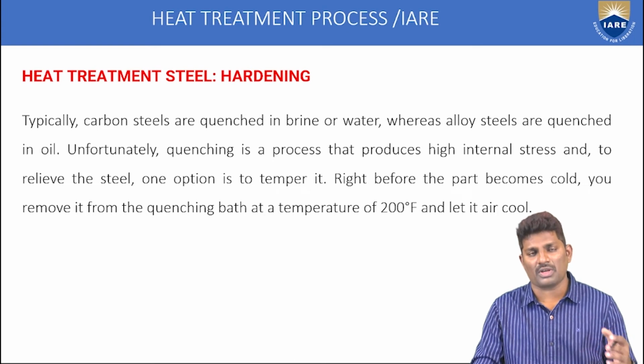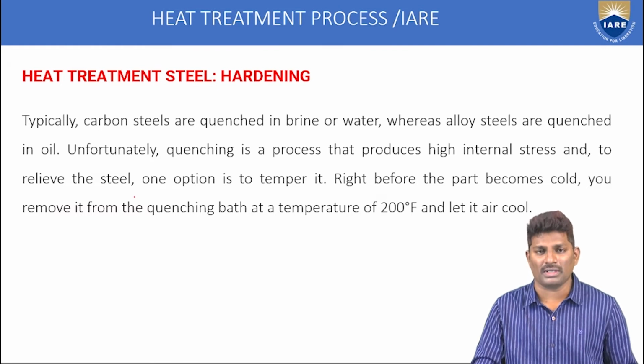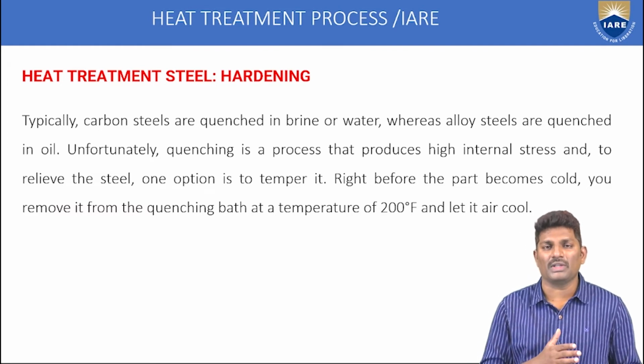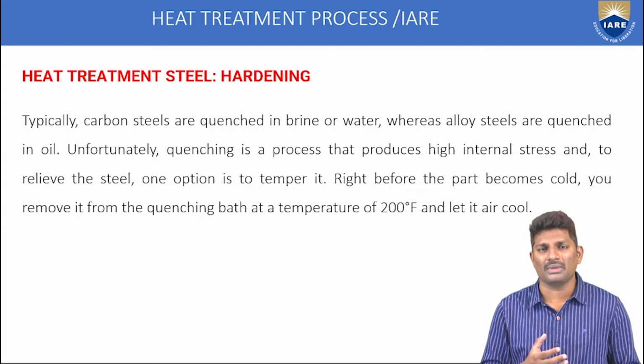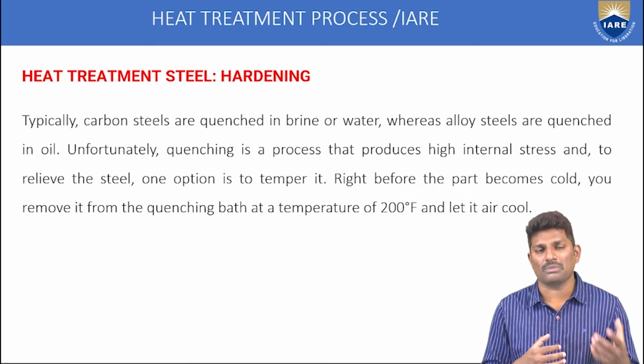Quenching is a process that produces very high internal stresses, and to relieve these stresses, one option is tempering. Though you do the quenching process and cool the system to increase the hardness, during this fast cooling a lot of internal stresses develop inside the body.